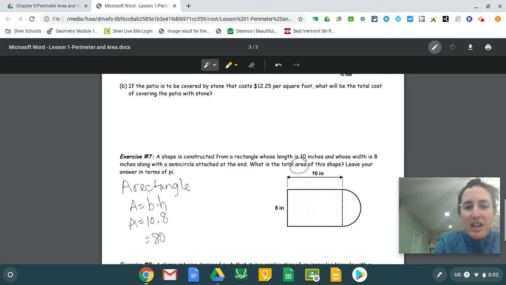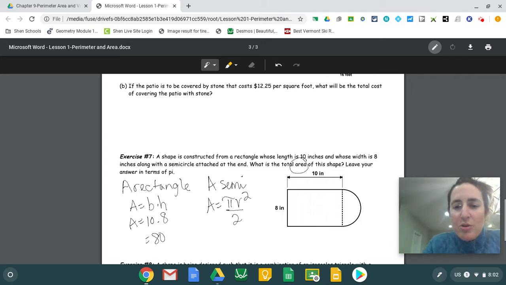Now, I need to do the area of the semicircle. So in order to do the semicircle, that's area, is pi r squared, but I want to divide that in half. And oh shoot, I got to find the radius. So since this length of this side of the rectangle is 8, that is also carried over here. But the radius is only half of it. So if I take half of 8, my radius is 4. So I'm going to fill that in my formula.